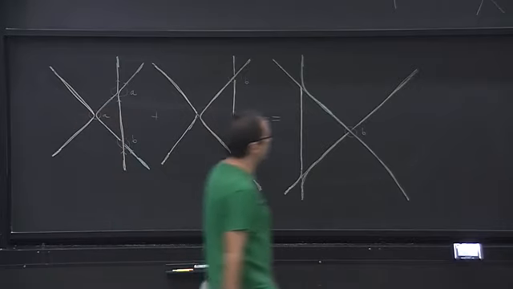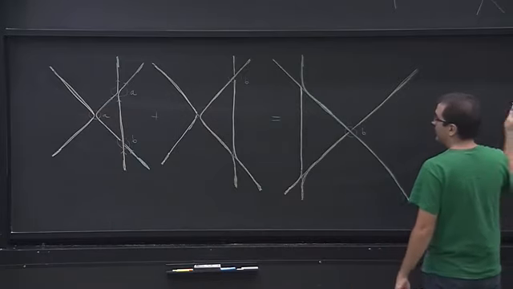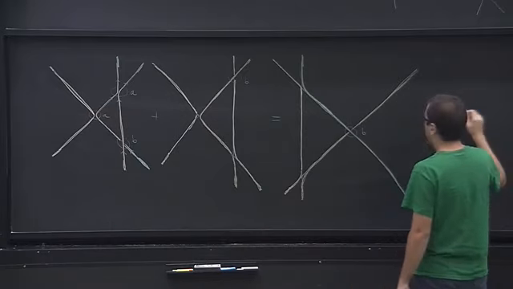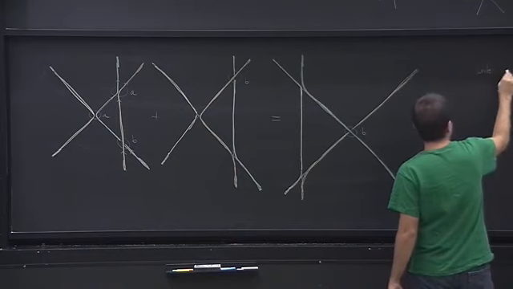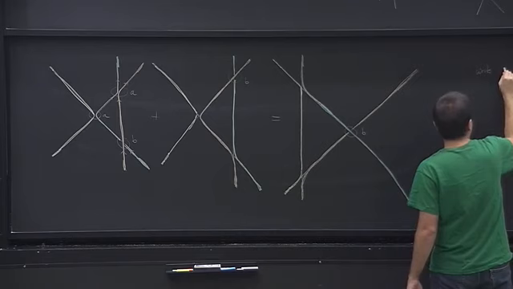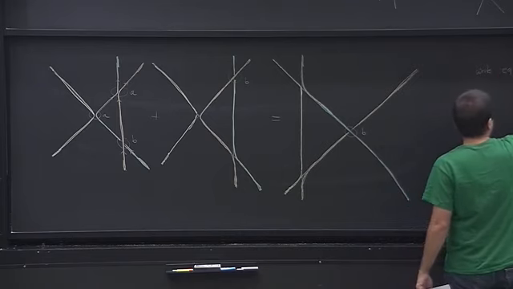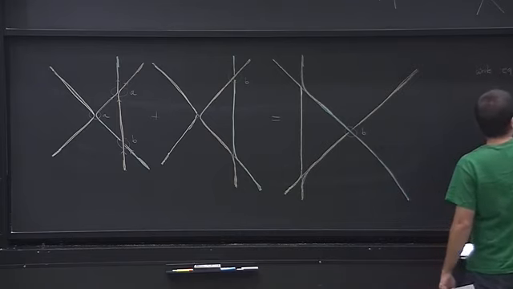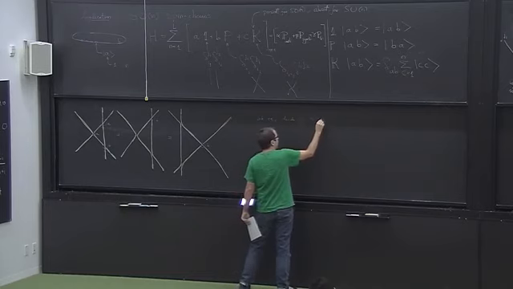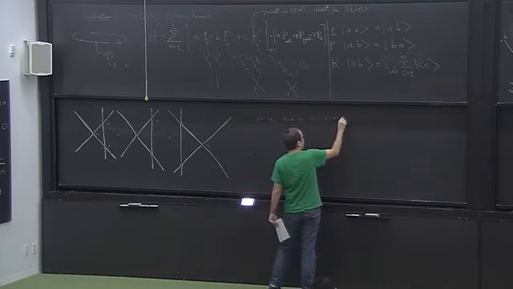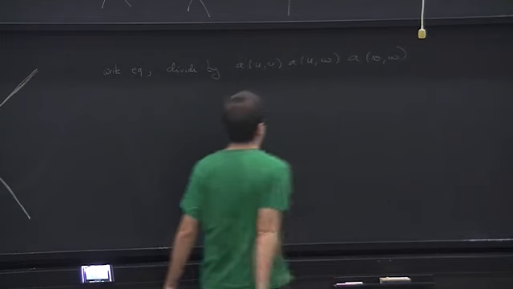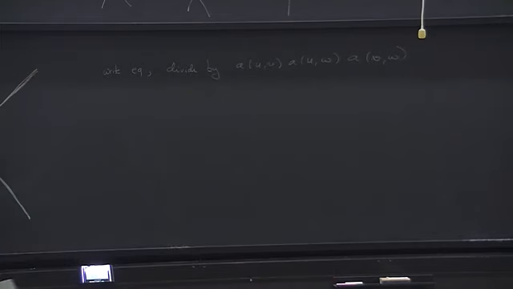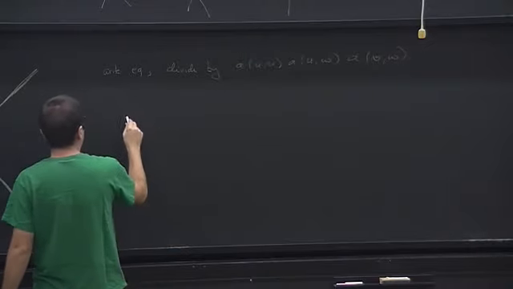So I can write this equation in the following way. I can divide the equation. I'm not going to write the equation, I'm going to write the outcome of the following. Write the equation and divide by A of UV times A of UW times A of VW. Because there are always 2 A's, when we do it, we cancel 2 of such factors and we get the following.